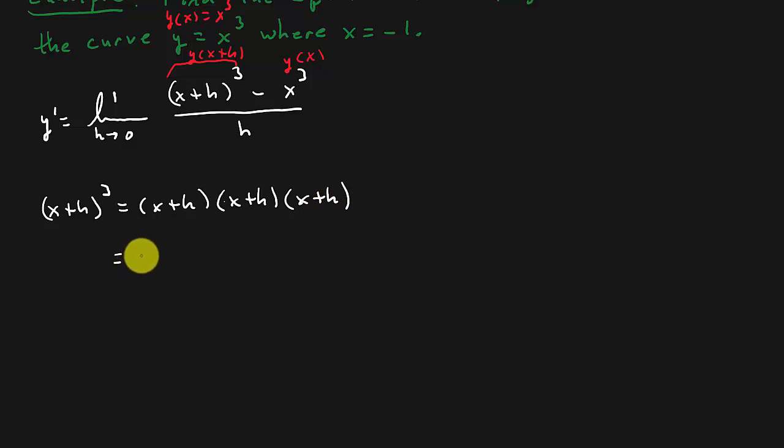I wrote x plus h down, and now I multiply the first two: that's x squared, then xh plus xh is 2xh, and h times h is h squared. Then I have to multiply this, so I'm going to take the x here and multiply it by each term here.